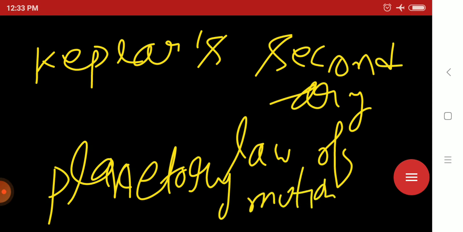That is the areal velocity. In other words, we can say that conservation of angular momentum is equivalent to saying that the areal velocity is constant. That's the thing we can write here.